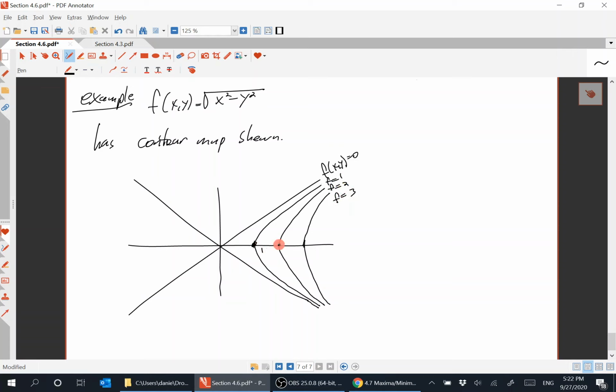And these are the points 1, 2, 3 on the x-axis, and of course you have the opposite picture over here.